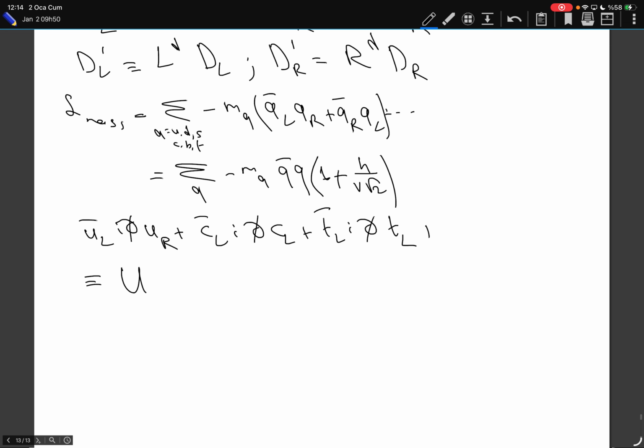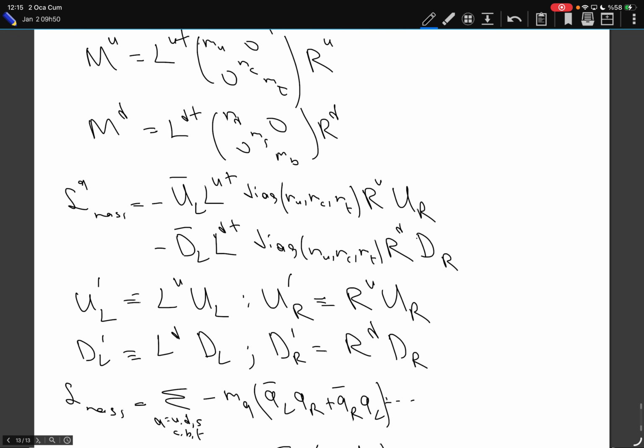Of course, plus I have the terms with L replaced with R. I have the same kinetic terms for the right-handed fields. So this is capital U_L bar i del slash capital U_L, plus capital U_R bar i del slash U_R. Now all the kinetic terms of the up-type quarks are in these two terms.